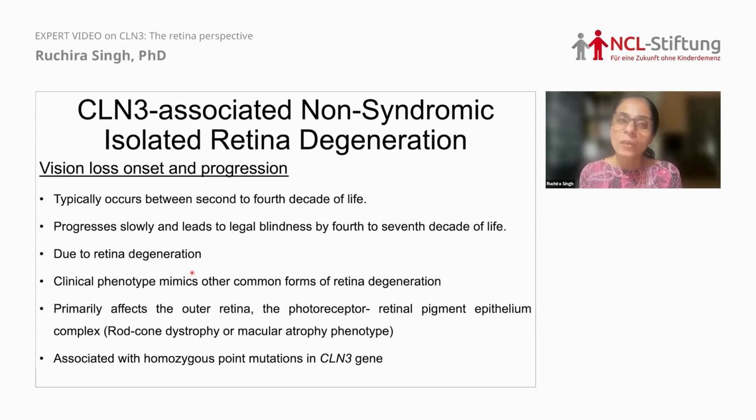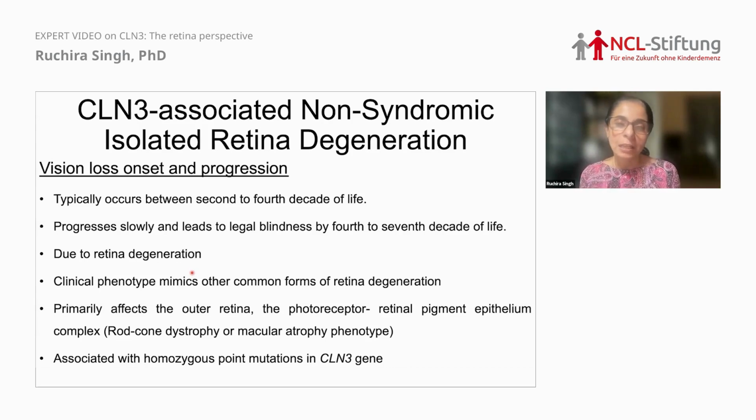It typically occurs between the second to fourth decade of life, so the visual impairment starts in the second to fourth decade of life. There are two different phenotypes: people that develop it early, around the second decade of life, and those that develop it later. And they show a slightly different phenotype.